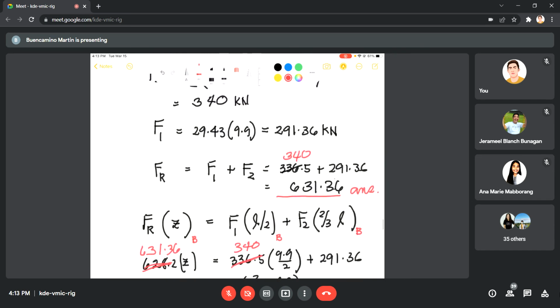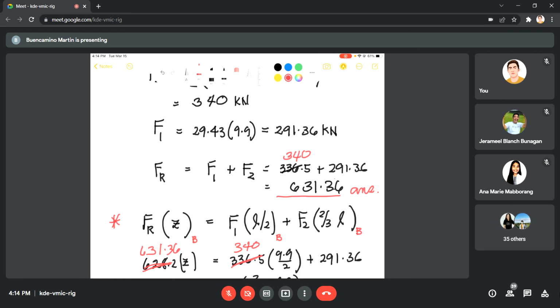Okay. Ito yon. This is the moment of the resultant is equal to the moment of the individual forces. Okay. So, we have F sub R times Z is equal to F1 times L over 2.